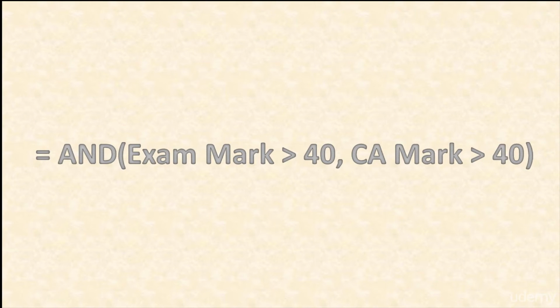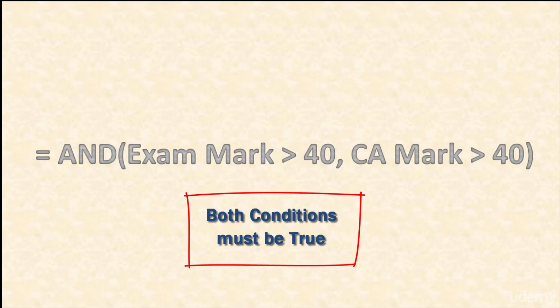Poor students. So writing this down in English, the structure of the formula would be as follows. Equal to AND, bracket, exam mark greater than 40, comma, CA mark greater than 40, and then we close the bracket. If both conditions are true, then we will get the word true appearing. If either of the conditions is false, then we will get false.